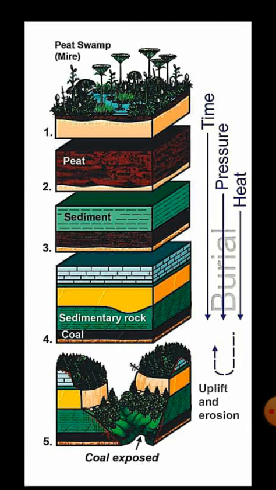As more and more soil was deposited over them, they were compressed. The temperature and the pressure increased when they went deeper and deeper. Under high pressure and high temperature, the dead plants and animals got slowly converted into coal. This process of conversion of dead vegetation into coal is called carbonization.